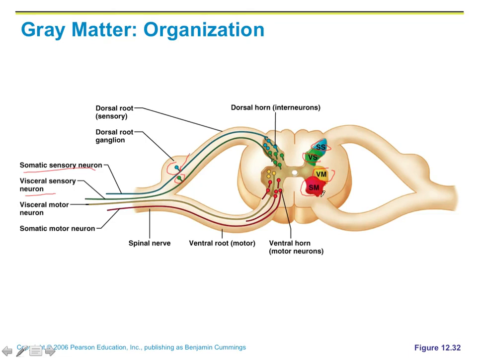Well, now let's talk about the motor neuron. We also have two motor neurons: the somatic motor neuron and the visceral motor neuron. The somatic motor neuron will send axons to innervate the target organs. We can see the somatic neuron is marked red here.